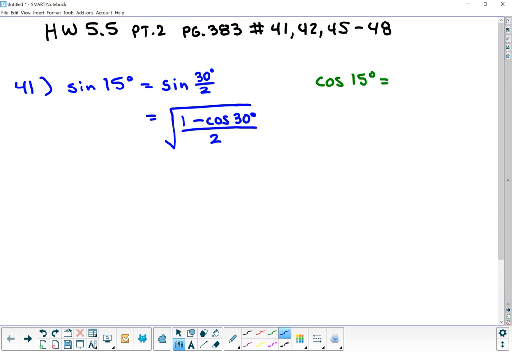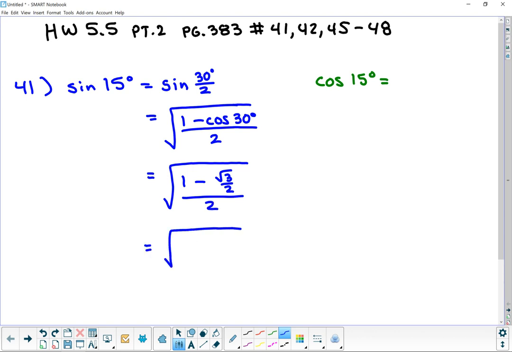So cosine of 30 degrees, you got to figure that out. All right, so it's going to be 1 minus, and keep in mind that minus is always going to be there. So cosine of 30 degrees is going to be radical 3 over 2, over 2.